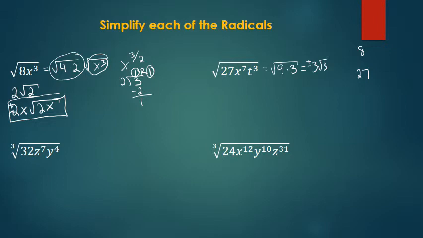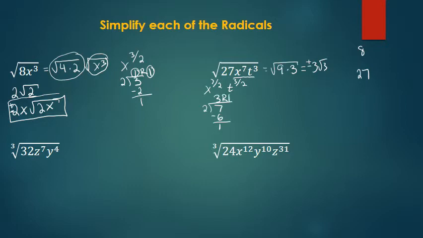Okay, so I'm done with my numbers, and now I need to move to my variables. So I get x to the 7 over 2, and I get t to the 3 over 2. Again, to figure that out, 2 goes into 7 how many times? It goes in 3 times, or we can do our mini long division problem. 2 goes into 7 3 times, 3 times 2 is 6, I subtract, and I have a remainder of 1.